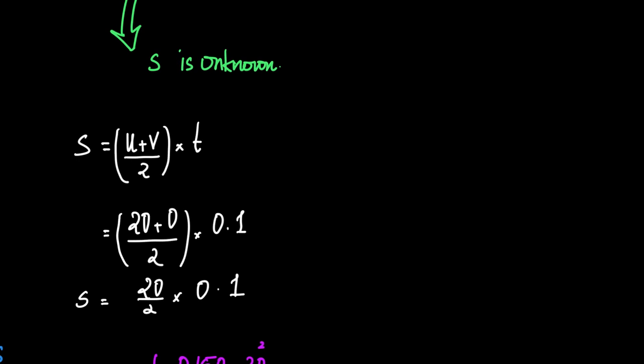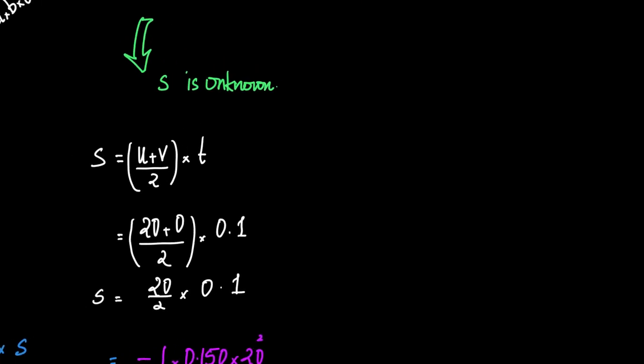Now, displacement is unknown, which can be figured out by u plus v by 2 into t, the average velocity into time, which is initial plus final velocity by 2 into time, which is 0.1. And therefore, displacement is 20 by 2 times 0.1.